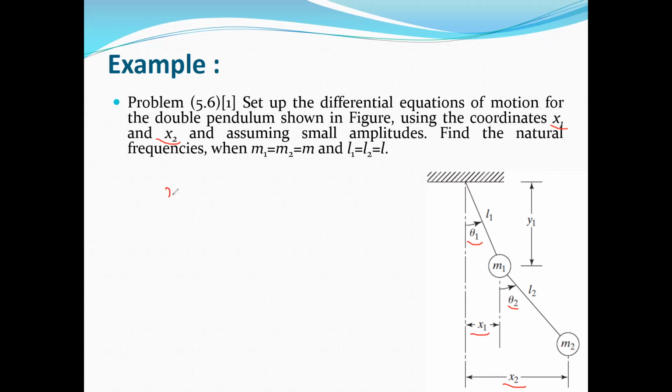I mean, x1 is equal to L1 times sine theta 1. And if we assume that theta 1 is small, we can substitute sine theta 1 with theta 1. So for a small value of theta, x1 is equal to L1 theta 1.